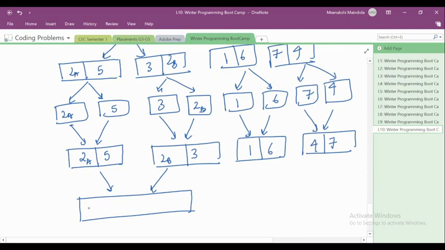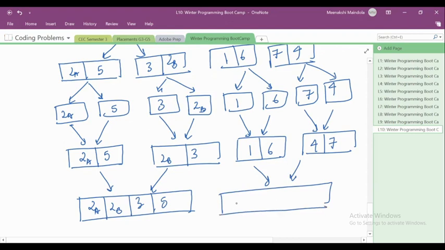So you have 2a here first and then 2b, because 2a is actually equal to 2b, so 2a comes at its position, then 2b comes here, 3 comes here, and 5 comes here. Similarly, when you merge these parts of the subarrays, you are going to have 1, 4, 6, and 7.